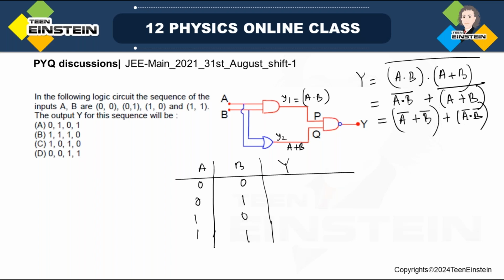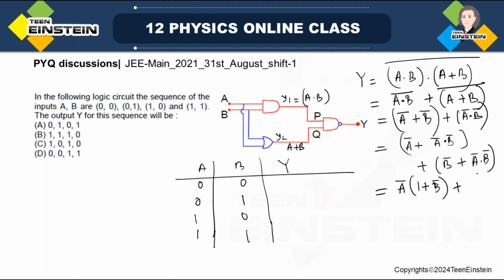Since there is an OR operation, let me further simplify A or B and this term. Further I have B bar or A bar and B bar. If I take A bar common, then I get A bar times (1 plus B bar), so that will be 1.